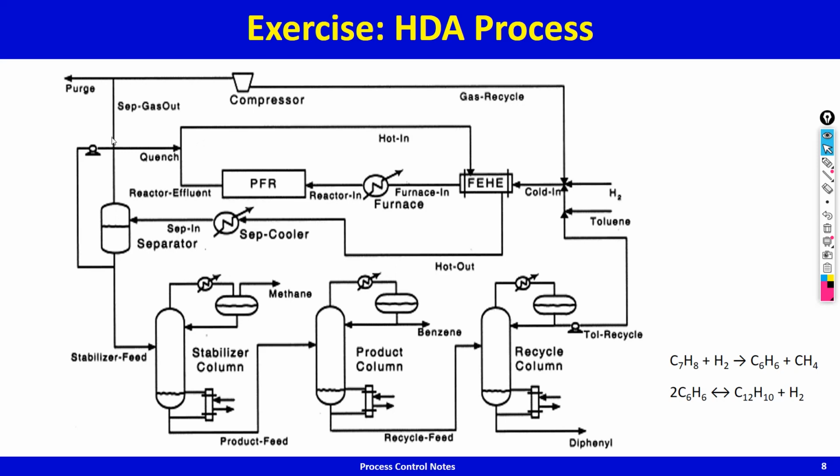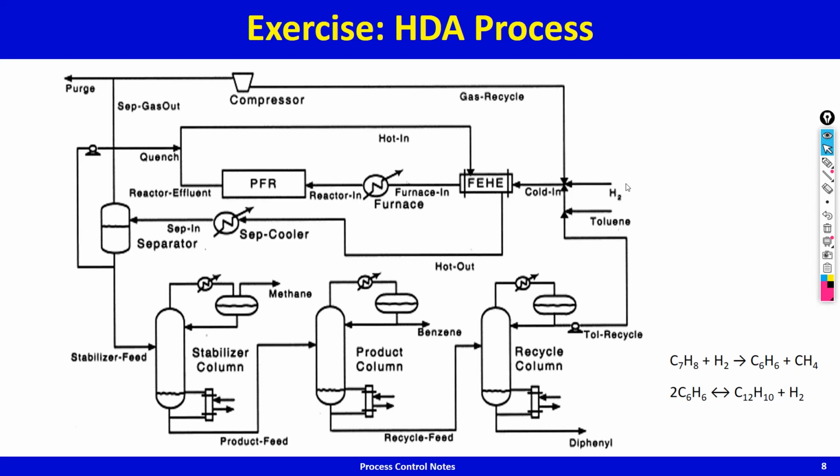Of course, some hydrogen will also leak, but nevertheless you compress, because there is pressure drop as things flow through the FEHE, furnace, PFR, cooler, and into the flash drum. This pressure drop needs to be overcome to recycle hydrogen. If you don't recycle hydrogen, then to maintain the 5:1 excess ratio, so that too much C12 doesn't get formed, the amount of fresh hydrogen that you need will become too much.